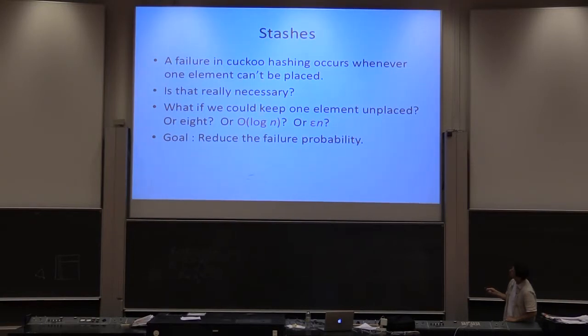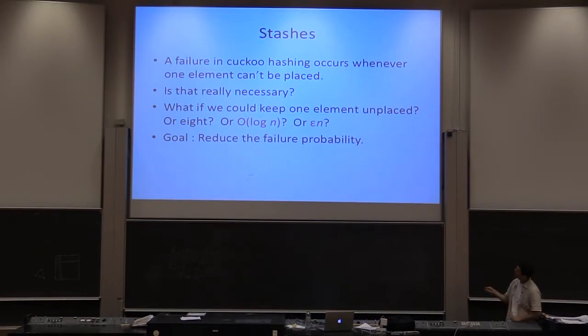So one of the questions is, if there's a failure, if something can't be placed, is that really so bad? Can't we do something to fix that problem? We're doing our cuckoo hashing, we're trying to place things, but it looks like there are cycles or we're not able to find a home for an item.